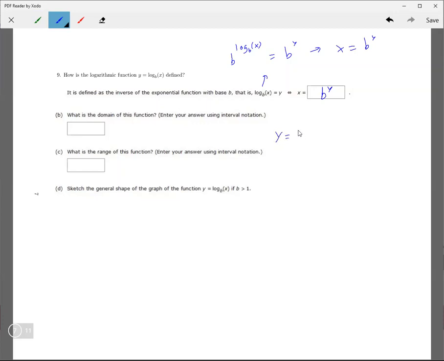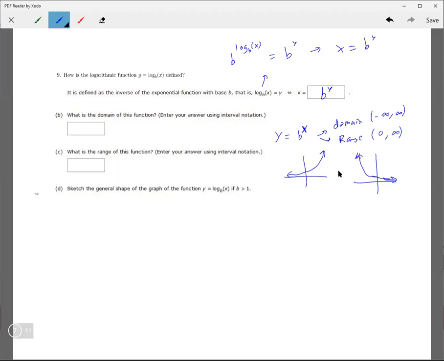Recall if you have the exponential function, the domain is from negative infinity to infinity, and the range is from 0 to infinity. Because this one is either going to look like this, or it's going to look like this. In either case, the domain is negative infinity to infinity. The range is 0 to infinity.